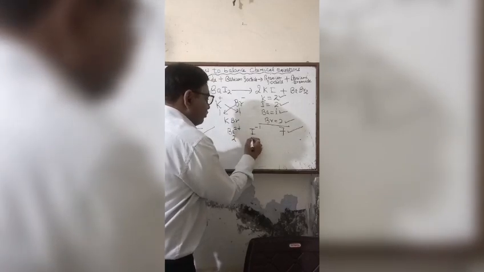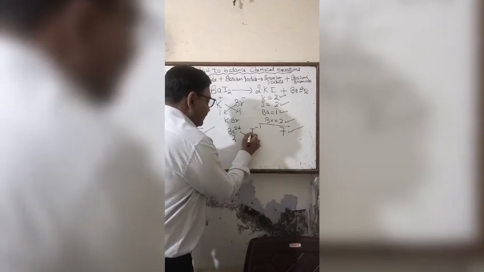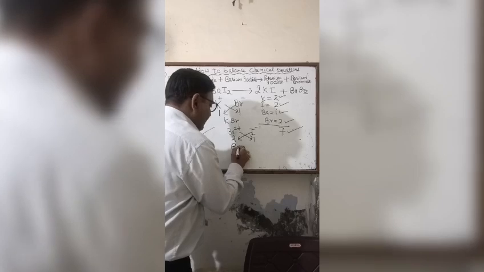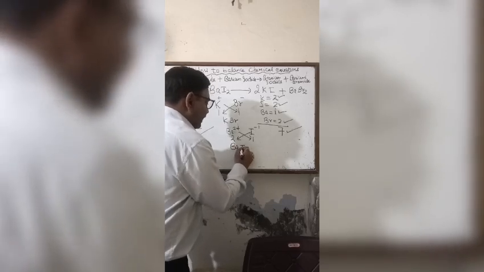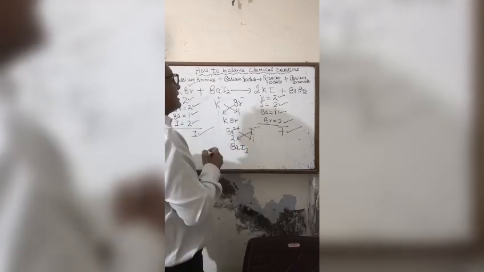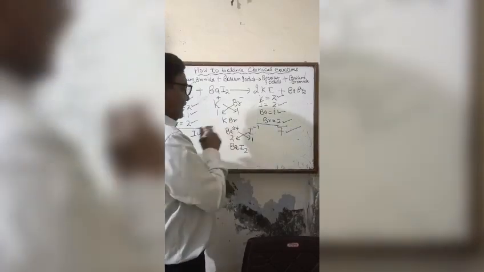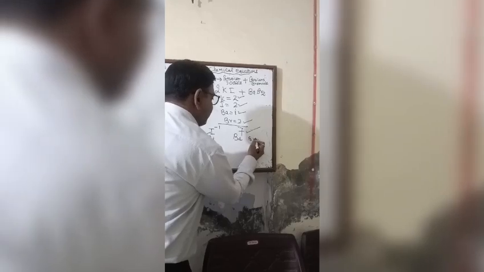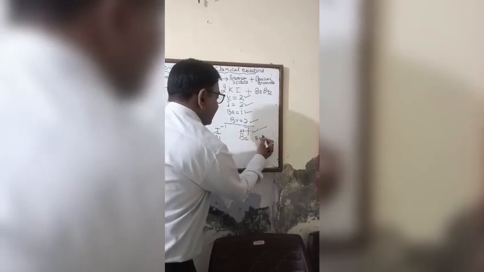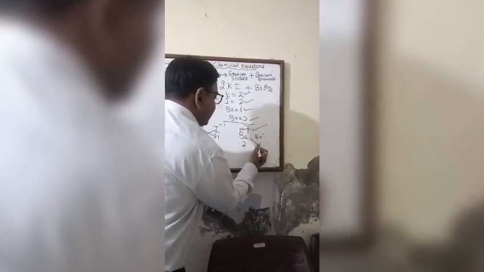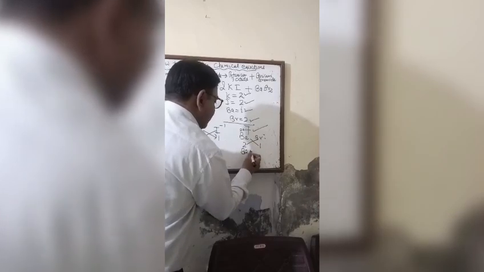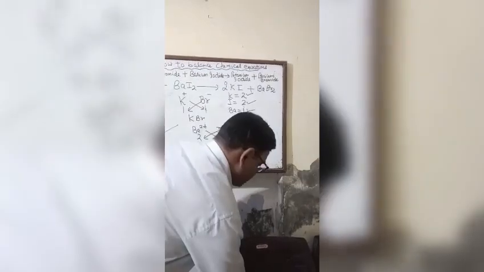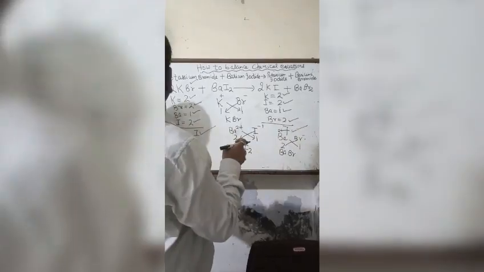Now put here 2 and 1, you will get Ba1 and 1 is not written, BaI2. Hence if you have forgotten the formula you can regenerate it. For example, BaBr2, same, 2 plus, Br minus, so 2 and 1, so it will become BaBr2. You can generate any formula with the help of 9th class.